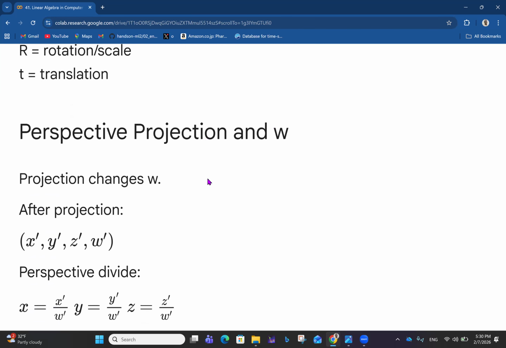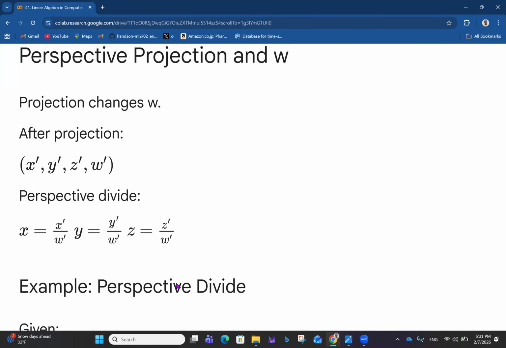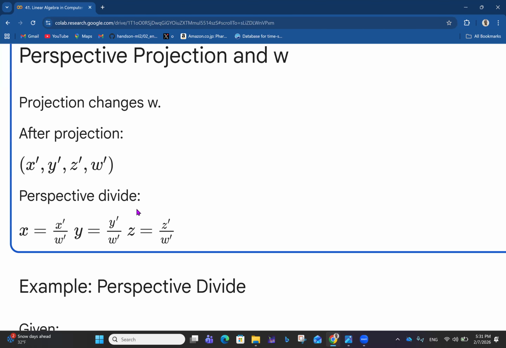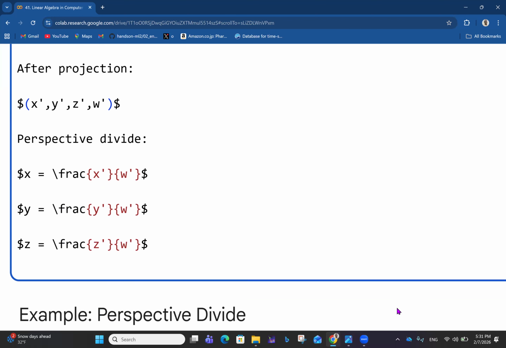So now perspective projection and W. Projection changes W. After projection, you have X prime, Y prime, Z prime, W prime. The perspective divide gives the same thing as before, just different expressions, so it's better to have it this way.